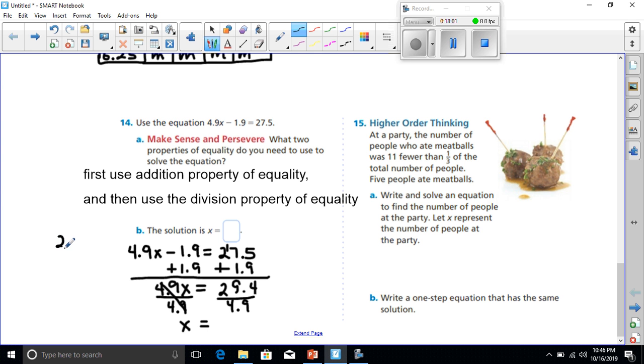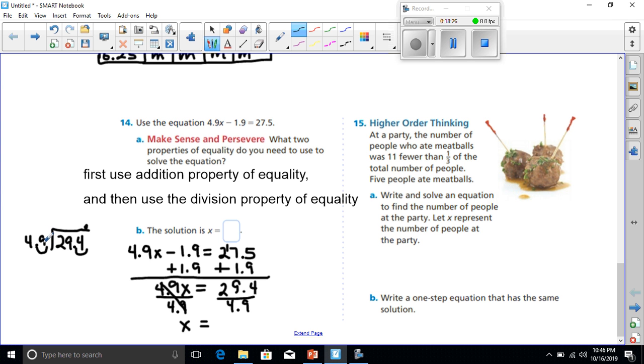Well, let's try this. 29.4 divided by 4.9. Well, we're going to have to move that decimal over. So we'll move this one over, and that'll put our decimal right here. How many times does 49 go into 294? Wow.